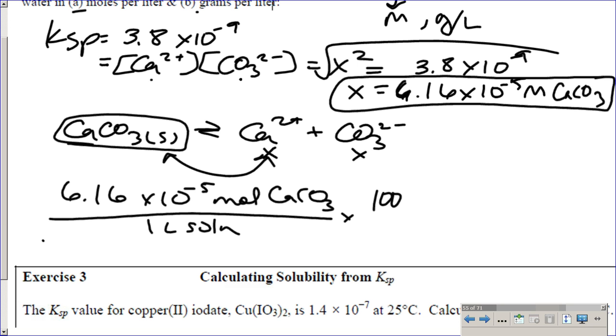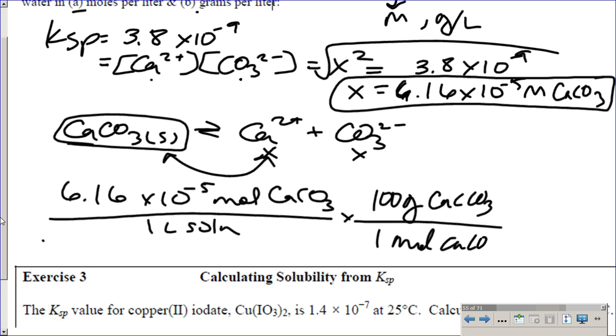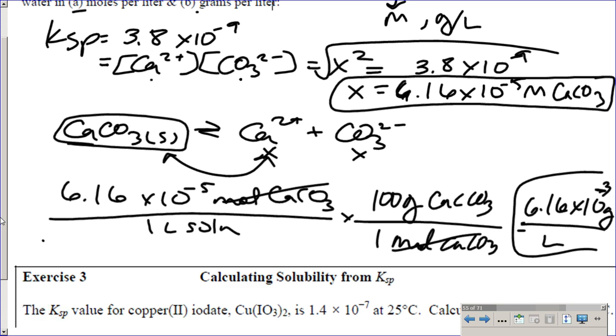So that is 100 grams calcium carbonate per 1 mole of calcium carbonate. So that is 6.16 times 10 to the negative 3 grams per liter. And that is the general solubility, or grams per liter solubility.